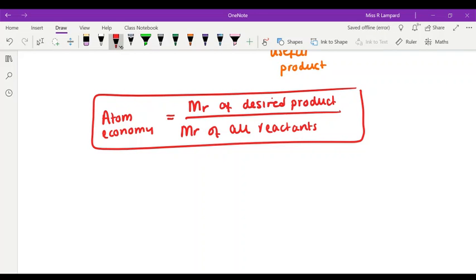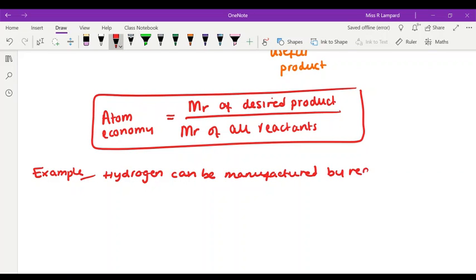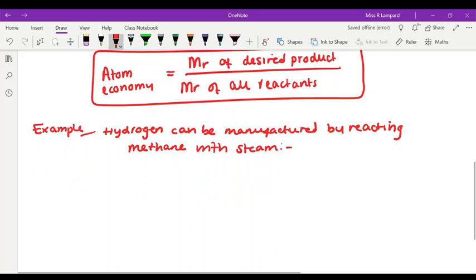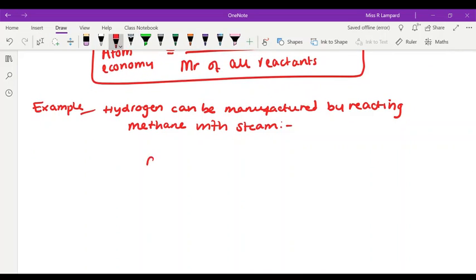So, example: hydrogen can be manufactured by reacting methane with steam. Okay, and that is according to the following equation here.